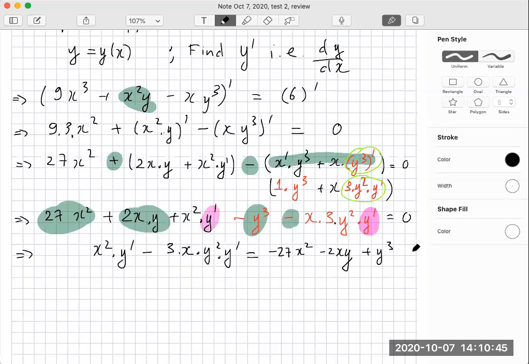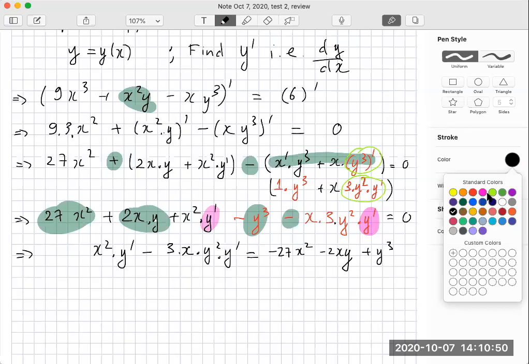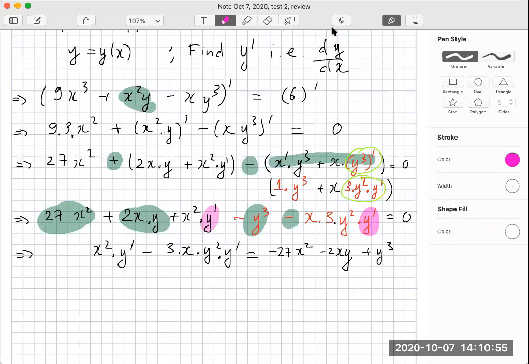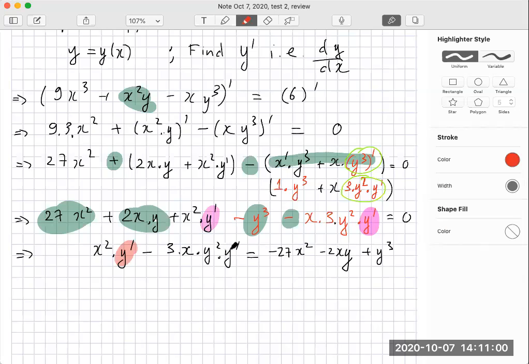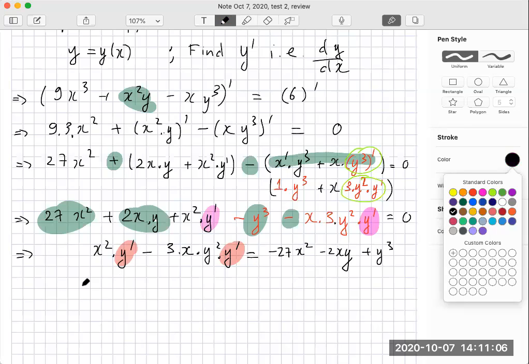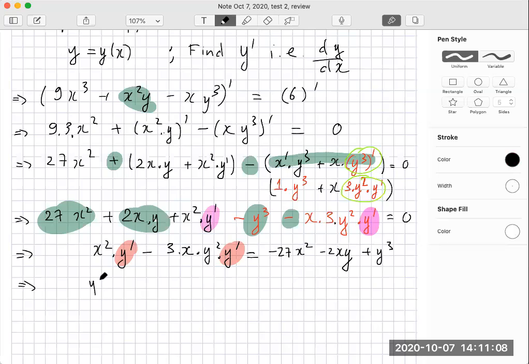That's it, right? So now on the left-hand side, these two terms have a common factor. So we can factor it out. And how does it become? Y prime times parentheses x squared minus 3x y squared. Very good. Thank you, Marissa.